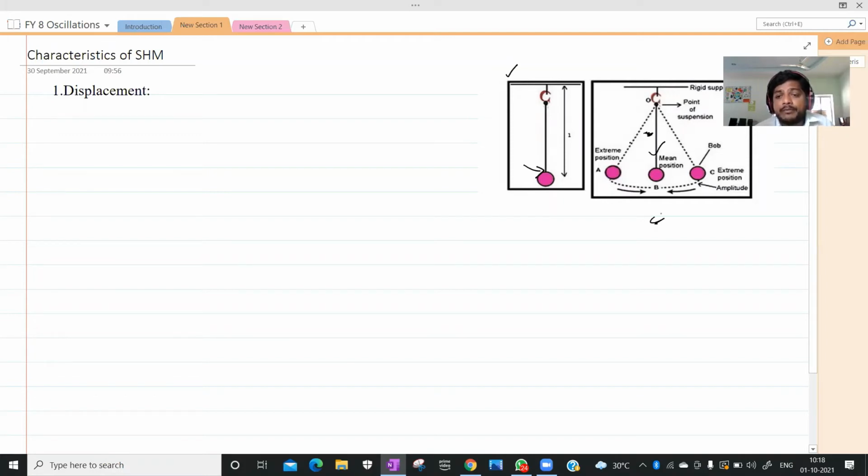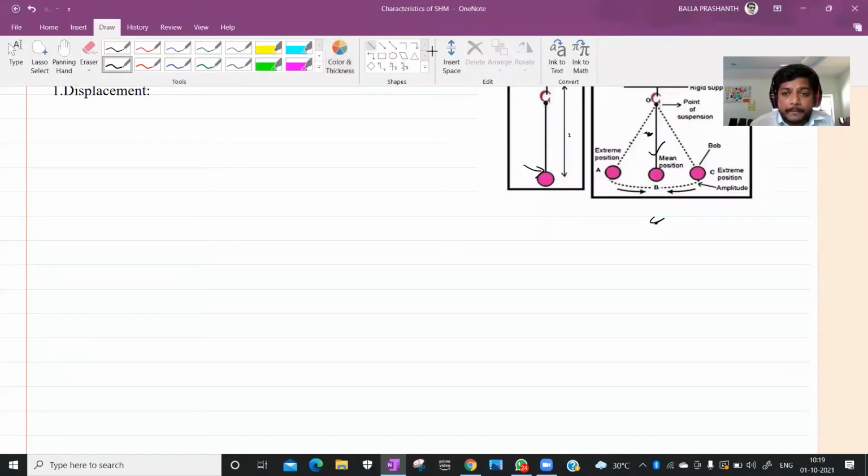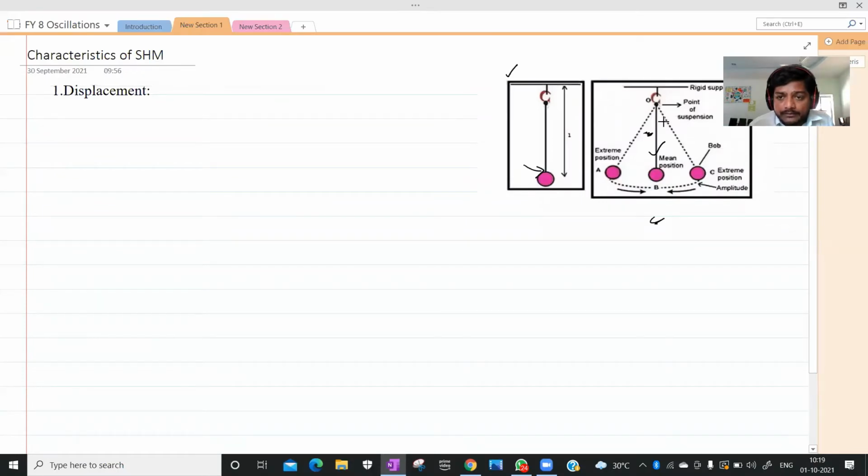At any time, the position of the particle is represented by its displacement, defined as the shortest distance between the mean position and the position of the particle. This is known as displacement.